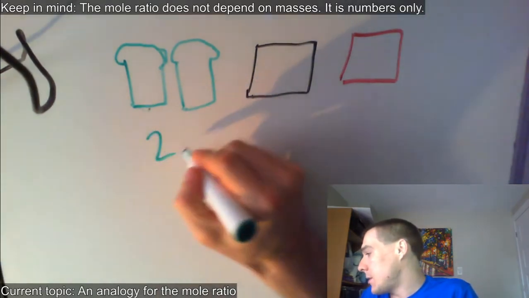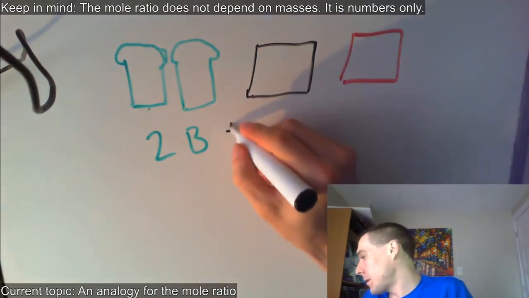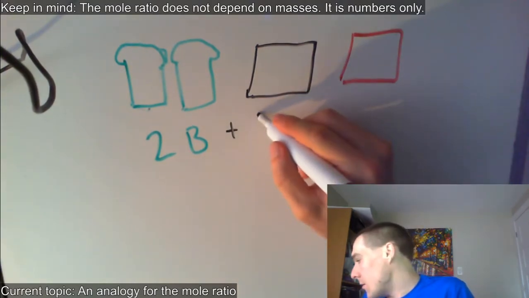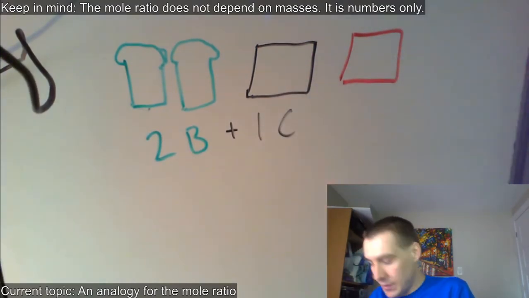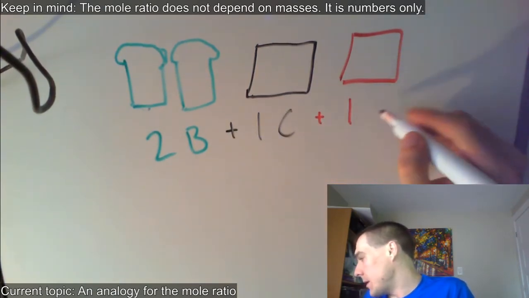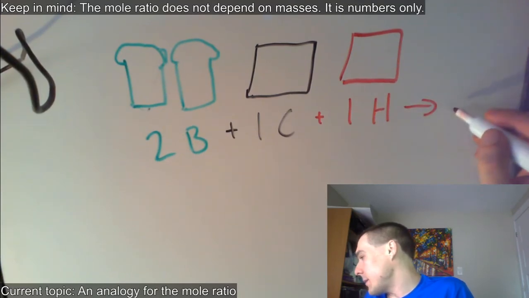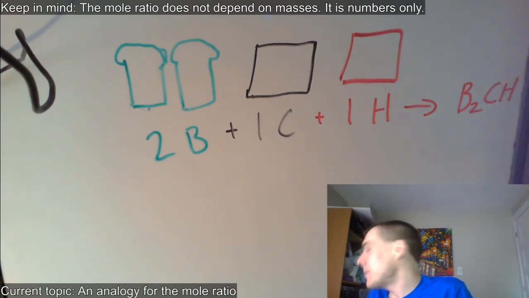So that would be 2 bread plus 1 cheese plus 1 ham is going to give me my sandwich. Right? Bread, 2, cheese, ham.